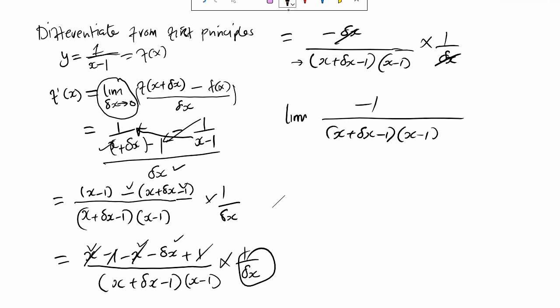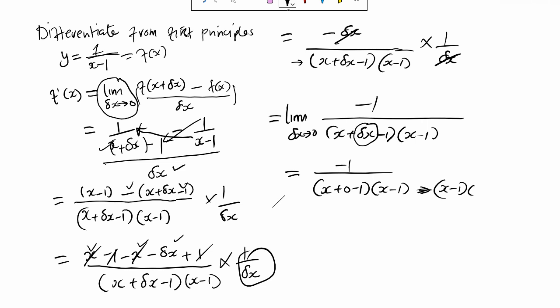So you have the limit when change in x approaches 0, and if change in x approaches 0, it means wherever there is change in x, I put 0, so that the final answer becomes -1 over x plus 0 minus 1, times x minus 1. So x plus 0 minus 1 simplifies to x minus 1, and x minus 1, and of course that is -1.